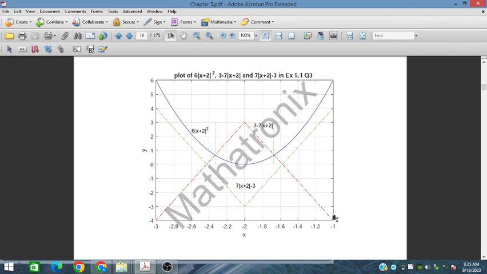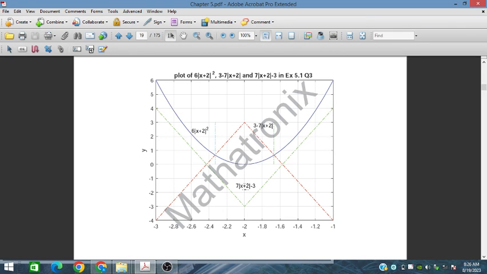This is basically the slope without the modulus value, and because this is a mirror image, with this normal we have this mirror image. Similarly for modulus of (x plus 2) minus 3 we have this term, and at this value we draw this.